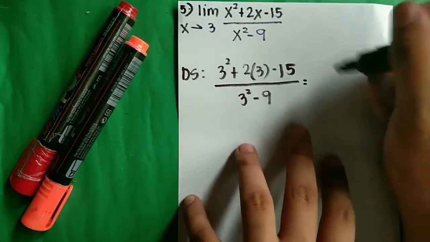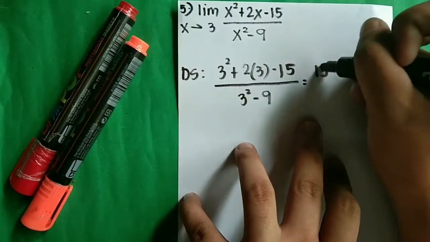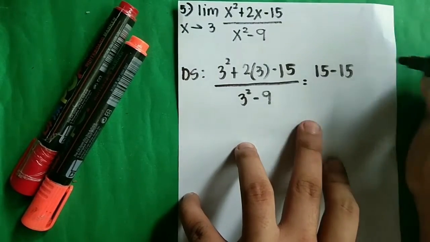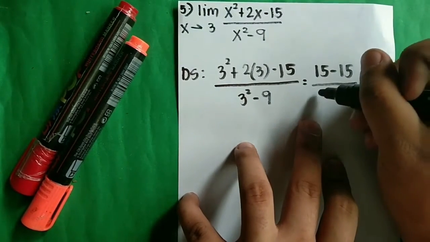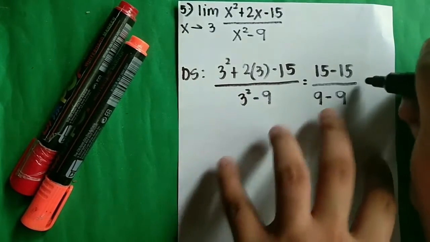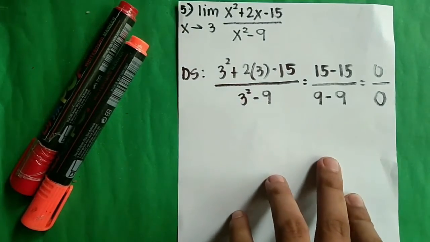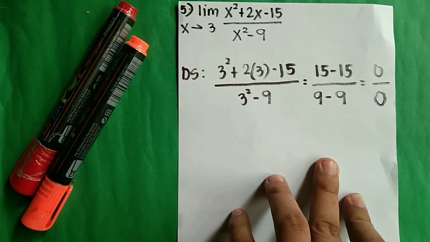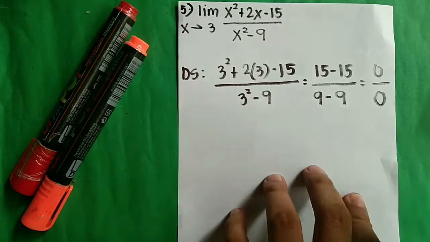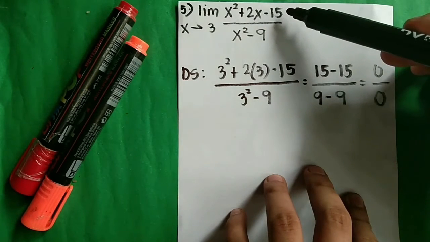Simplifying it, we get 15 minus 15 all over 9 minus 9 equals 0 over 0. And we know that 0 over 0 is an indeterminate form, meaning we should rationalize or factor the function.